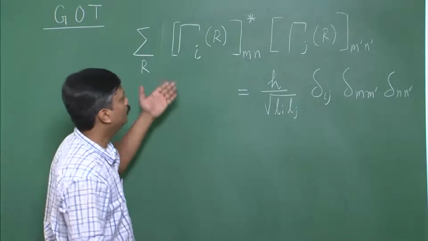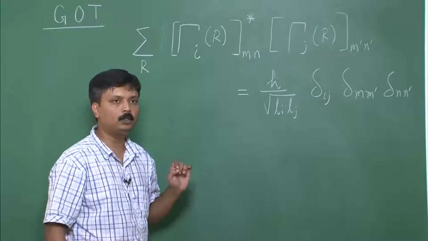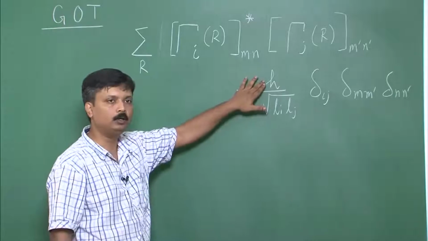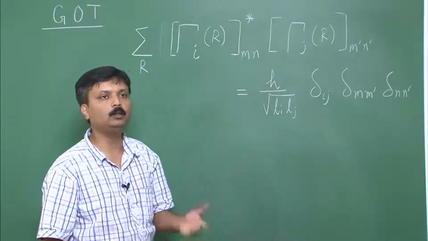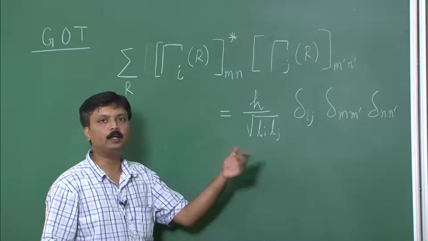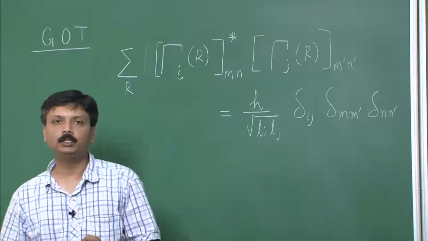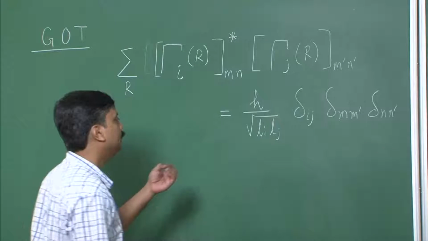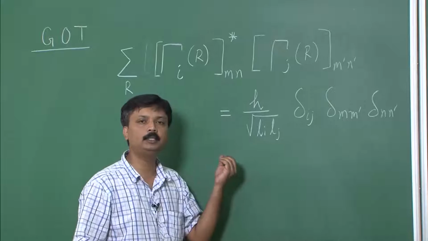So let's first talk about the terms that are present here. So h, as we already know, is the order of the group. This li or lj are the dimensions of the irreducible representations. So what is the dimension of any irreducible representation?